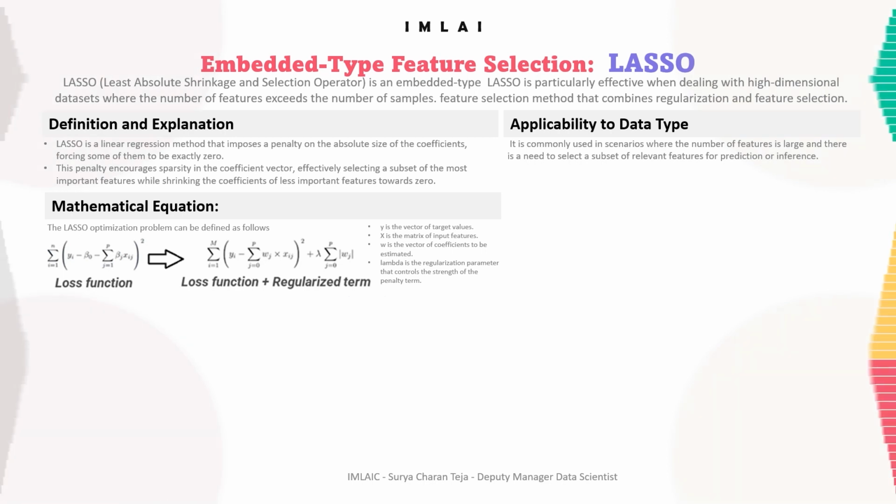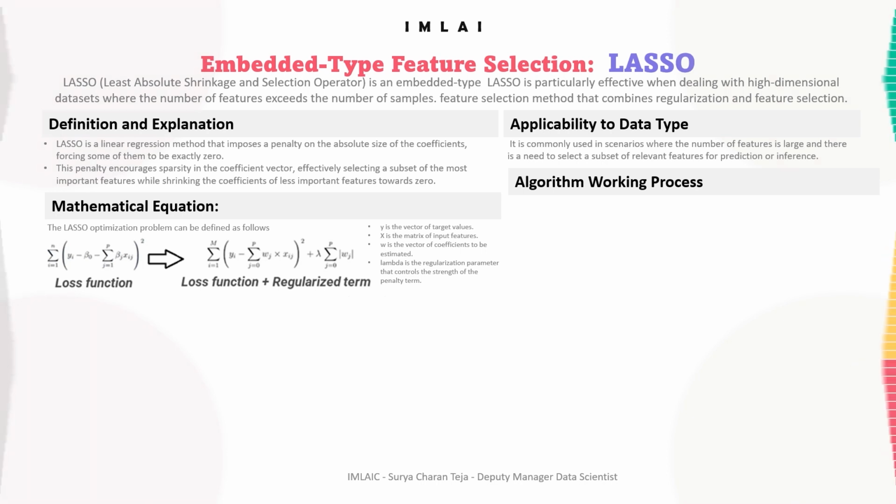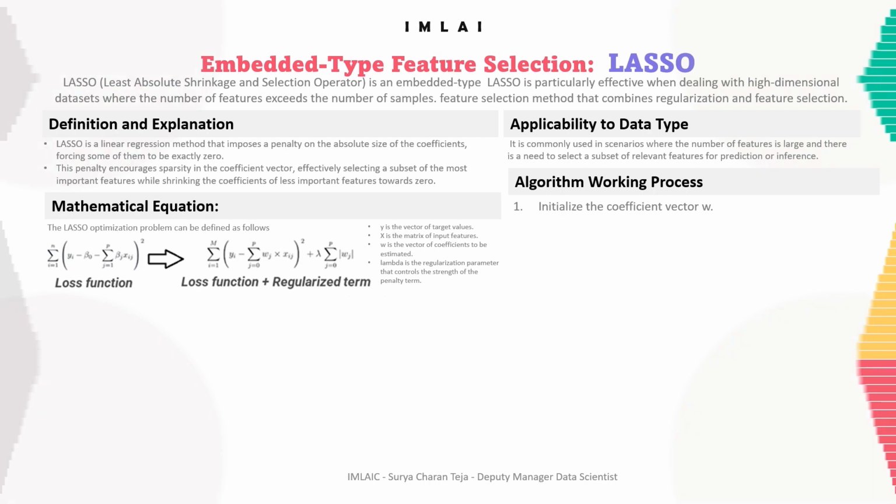Let's go into the algorithm and how it works. Let's begin with the first step: initialize the coefficient vector w. Once w has been initialized, compute the residual vector r equals y minus capital X times w, as you can see on the screen.